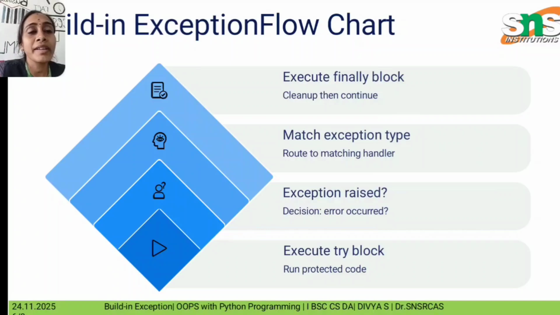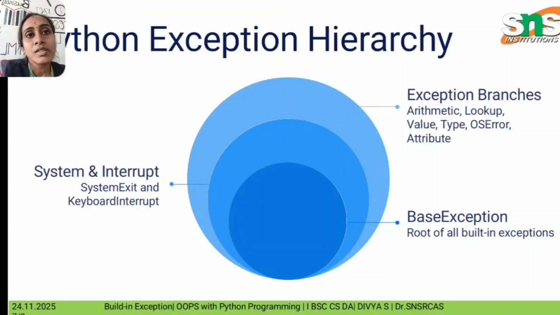So, the flow chart. First, execute the try block, which runs the protected code. On exception raised, the decision is made whether an error occurred or not. Then match the exception type, which routes to the matching handler. Execute the finally block, which does the cleanup, and then we continue. Now the exception hierarchy: BaseException is the root of all built-in exceptions.